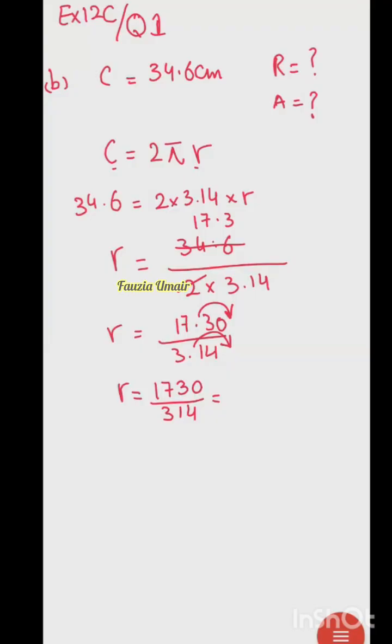can anyone tell me what is the answer? 1730 divided by 314. Anyone who can use a calculator and tell me the answer. 5.095541501273.